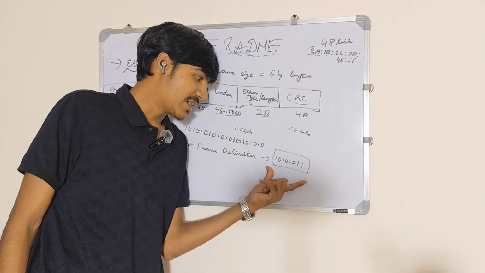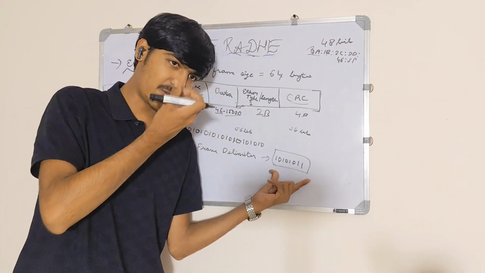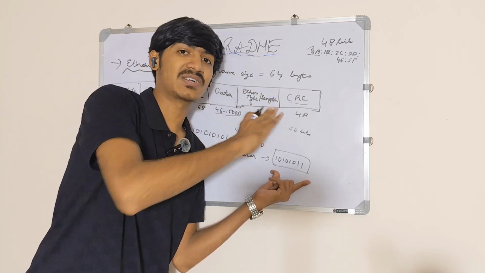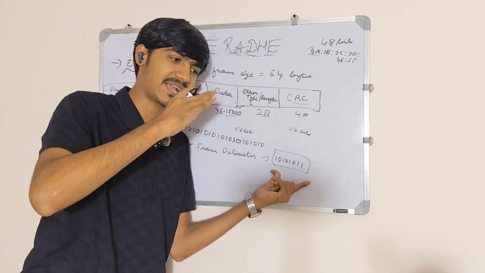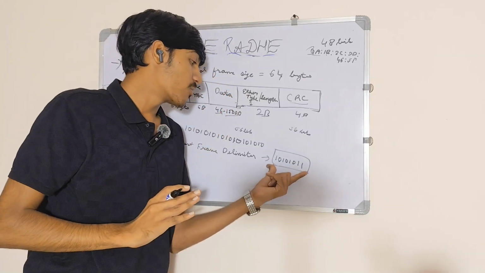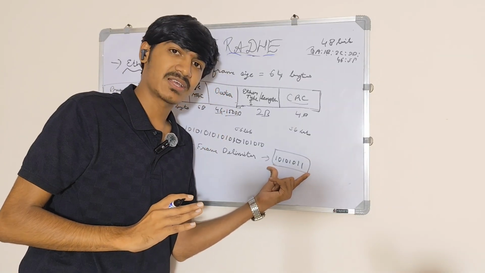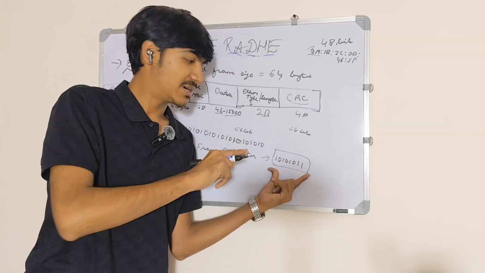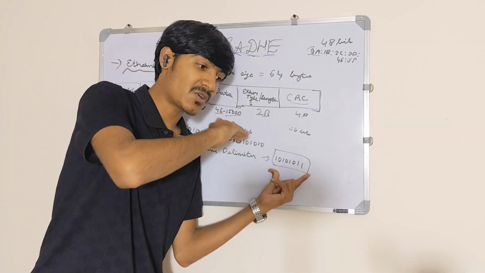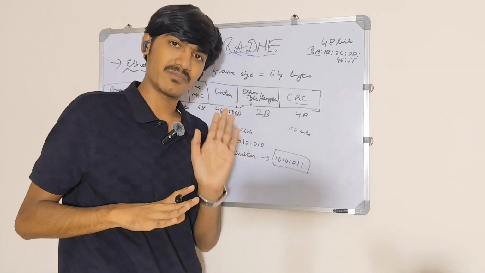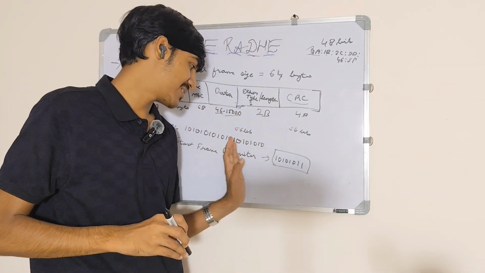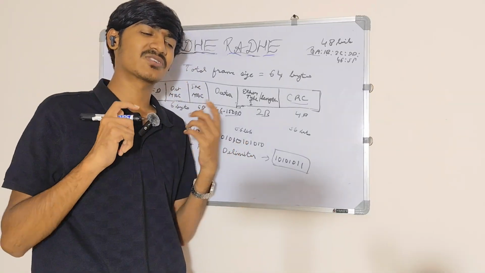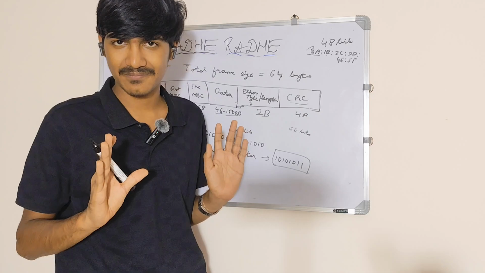If the receiver receives this value signal by signal, it knows that from now on whatever comes will be actual data: the destination MAC address, source MAC address, and so on. Don't worry about this, we'll learn it clearly in the data link layer, but for now, the start frame delimiter is used to tell the receiver that from here the frame will be starting.